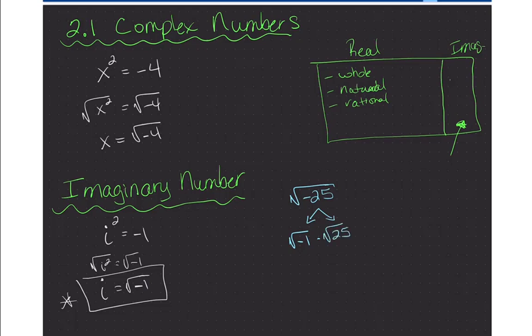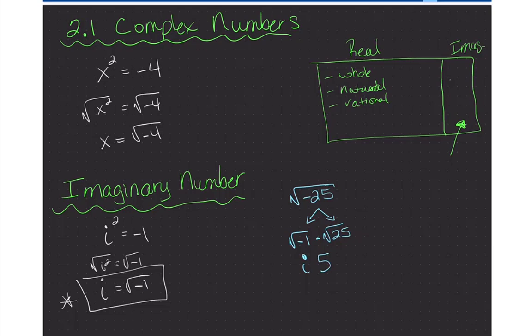We're just breaking the number apart. And now that we have this imaginary number system, anytime we see the square root of -1, we know that is i. And now the square root of 25 is a real number. And what's the square root of 25? 5. Yep, good job.